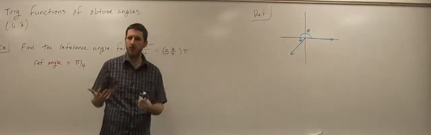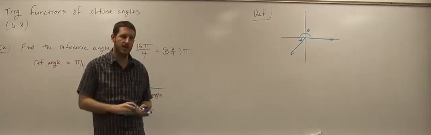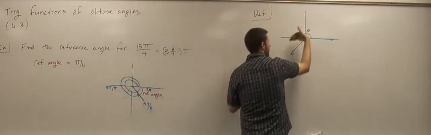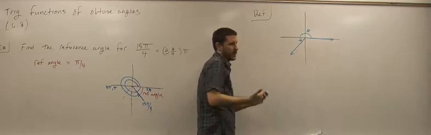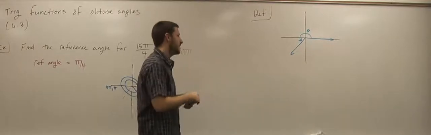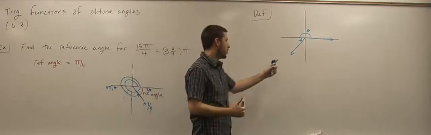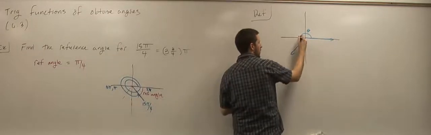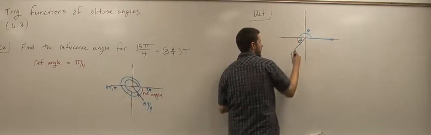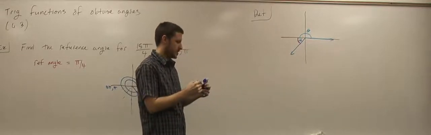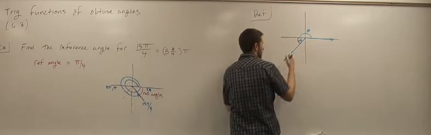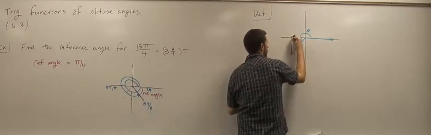Until you form a right triangle with theta, it's really hard to talk about the trig functions. And if this angle is bigger than 90 degrees, it's kind of hard to form a right triangle. So what this definition does is it gives you a consistent way to form a right triangle with theta. You just take the reference angle, which is always made with the terminal side of theta and the x-axis, and then you make that reference angle the acute angle in a right triangle.